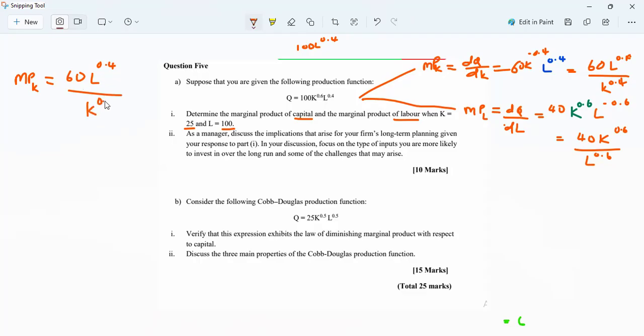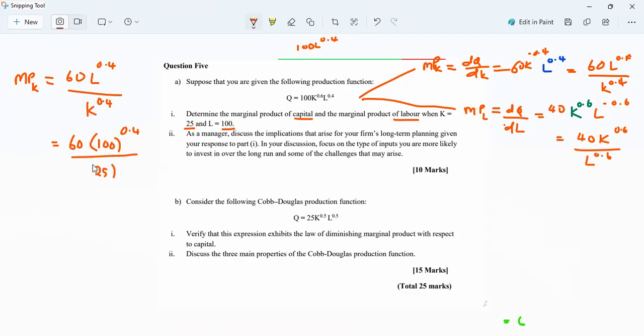And what is our L? 100. So 100 to the power 0.4. And what is our K? 25. When you put 25 to the power 0.4, all together.